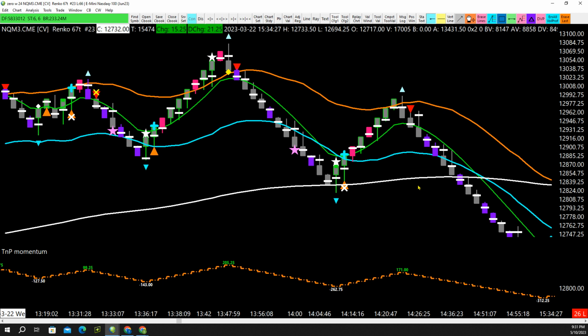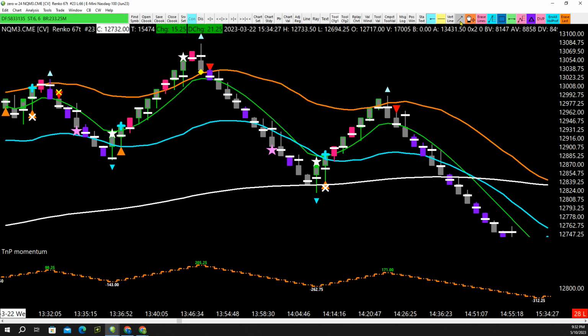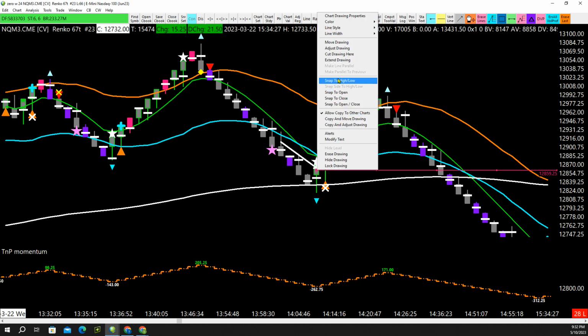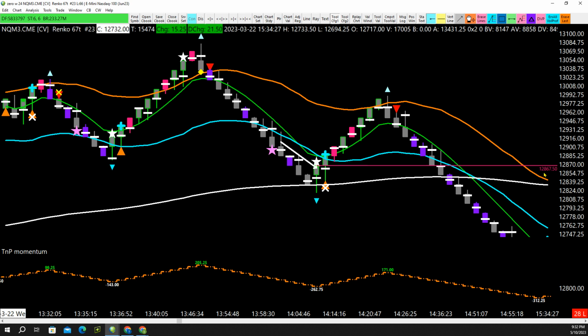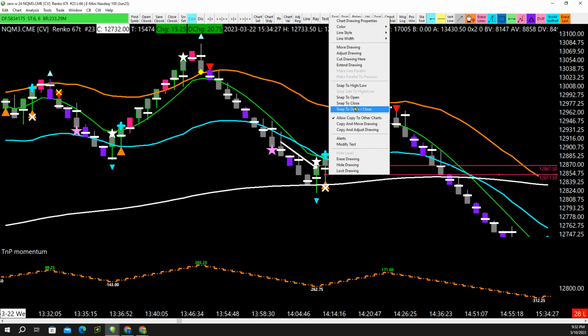So I'm looking right over here, and I want to know two things, right? So how far did this bar retrace back in before it made this move? So I can look, right? I know if I put this here, snap it to the high. So I know the high was 16, we'll assume it was 12,867.50. Put another bar right here, snap it to the low.